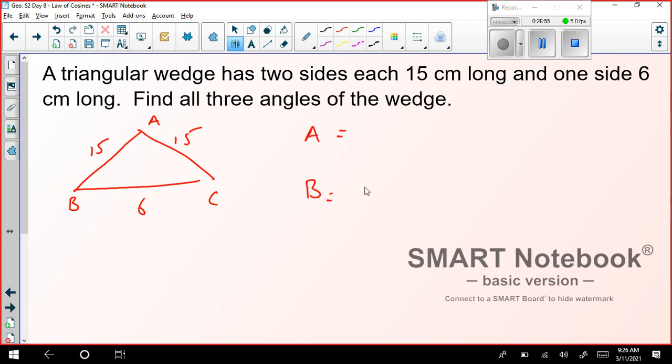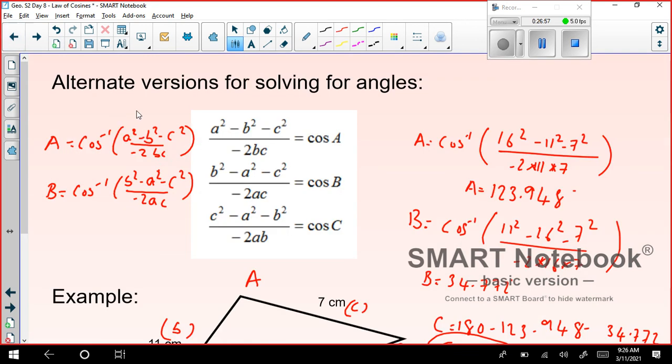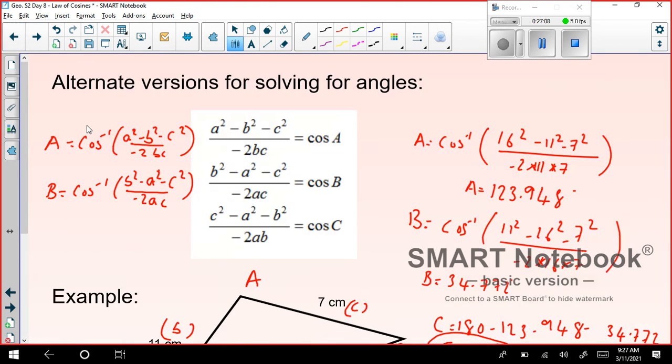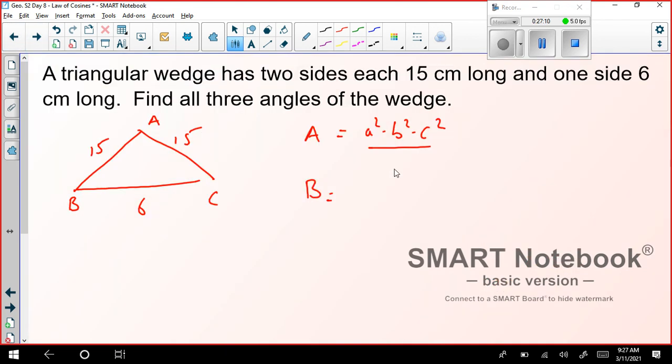You have the formula for A, which is nothing but cos inverse of A square minus B square minus C square over negative 2BC.